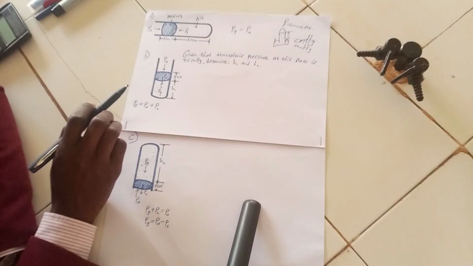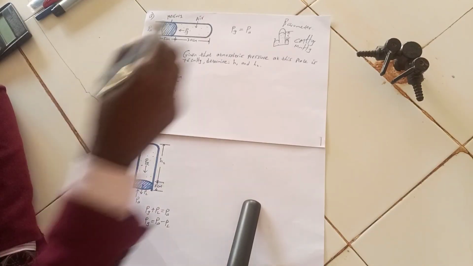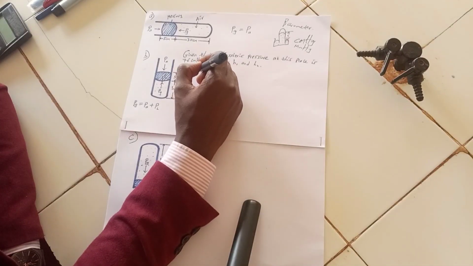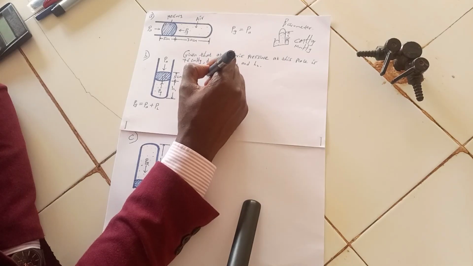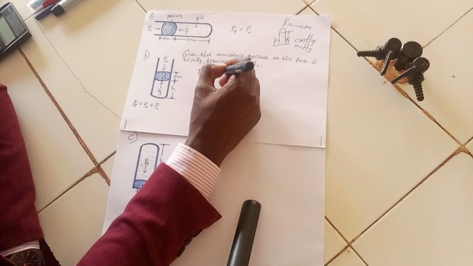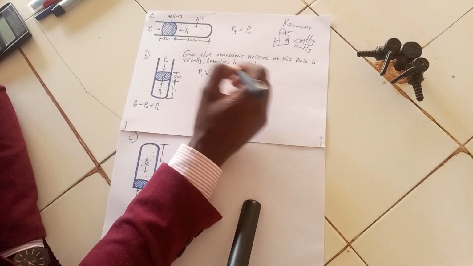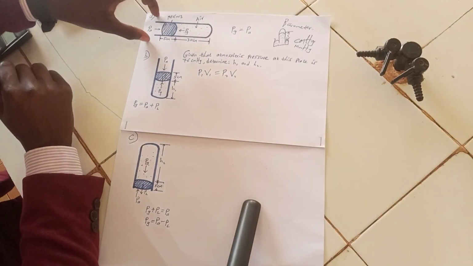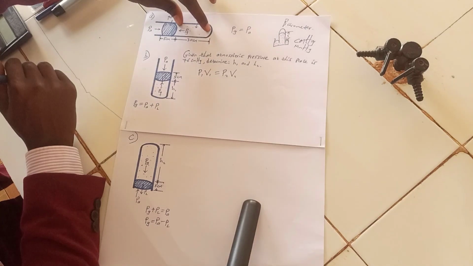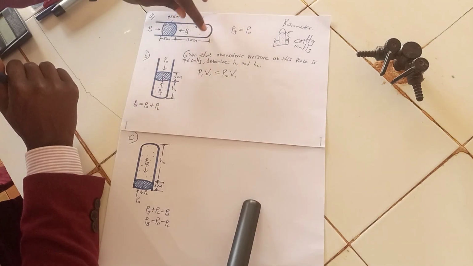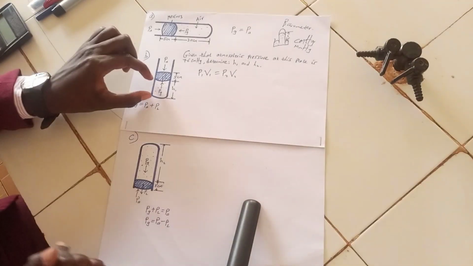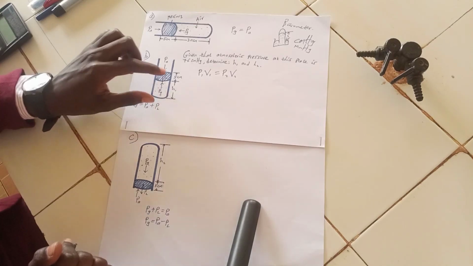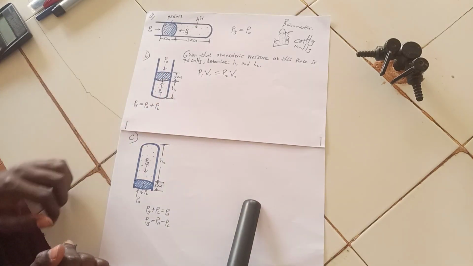Since we are relating pressure and volume, it is right to say pressure 1 volume 1 is equal to pressure 2 volume 2. We are relating A and B. Pressure 1, which is the pressure of this trapped gas, times its volume, is equal to the new pressure of the trapped gas times its new volume.